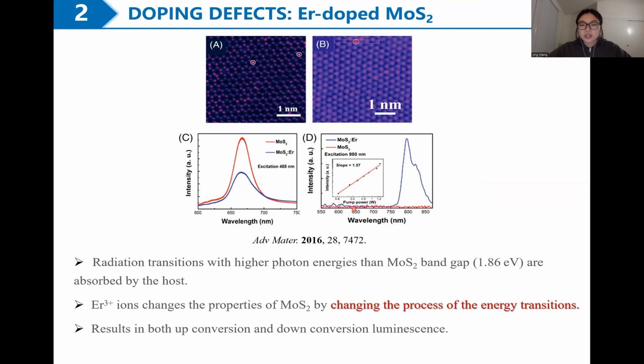This is because radiation transitions with higher photon energies than the MoS2 bandgap are absorbed by the host. We can figure out that the erbium dopant changes the original properties of MoS2 by changing the process of the energy transitions, and it results in both up-conversion and down-conversion PL.